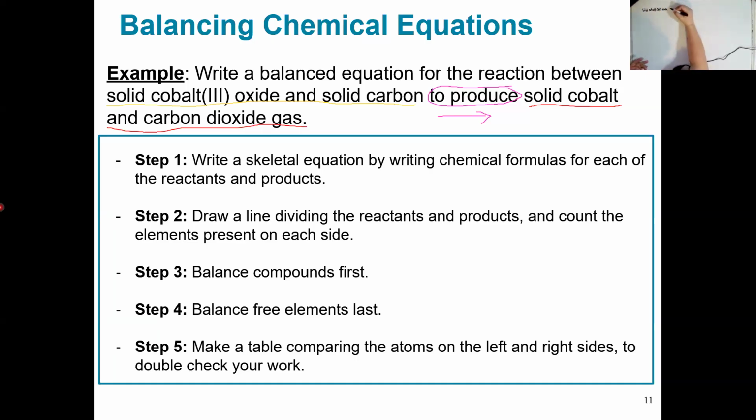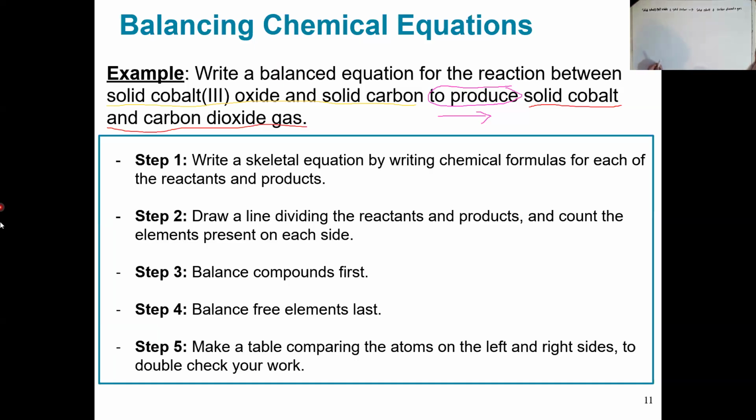This is why it was so important for us to understand how to name things, right? Why we spent so much time doing that. Okay, so solid cobalt 3 oxide plus solid carbon, and it's going to produce solid cobalt and carbon dioxide gas.